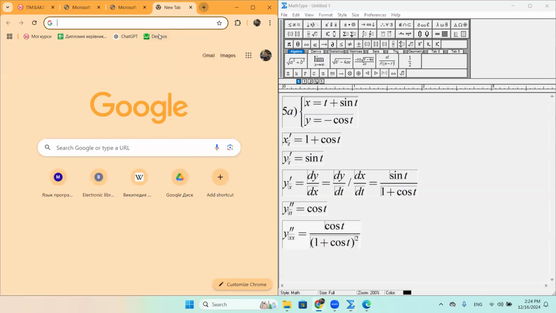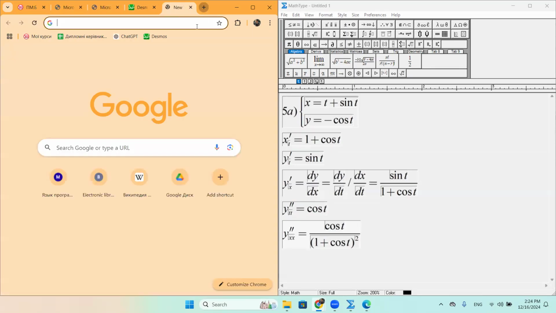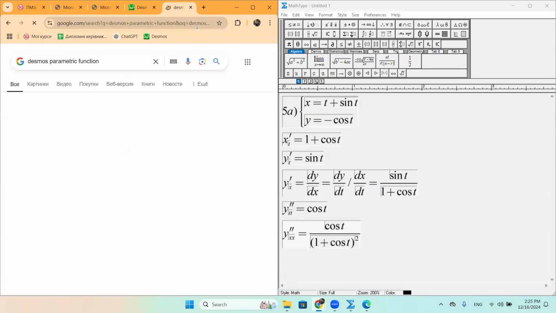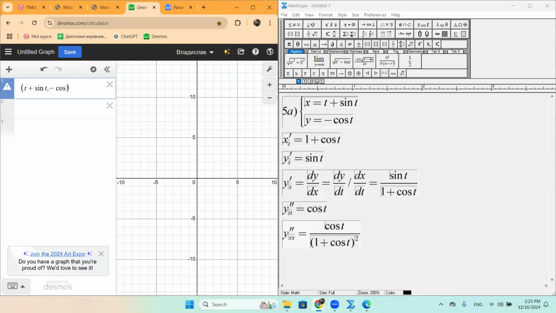Okay, and now just for interest, let's build a parametric graph of this function. I don't remember how to. Okay, Desmos parametric. Let me continue sharing my screen. So just checking how.